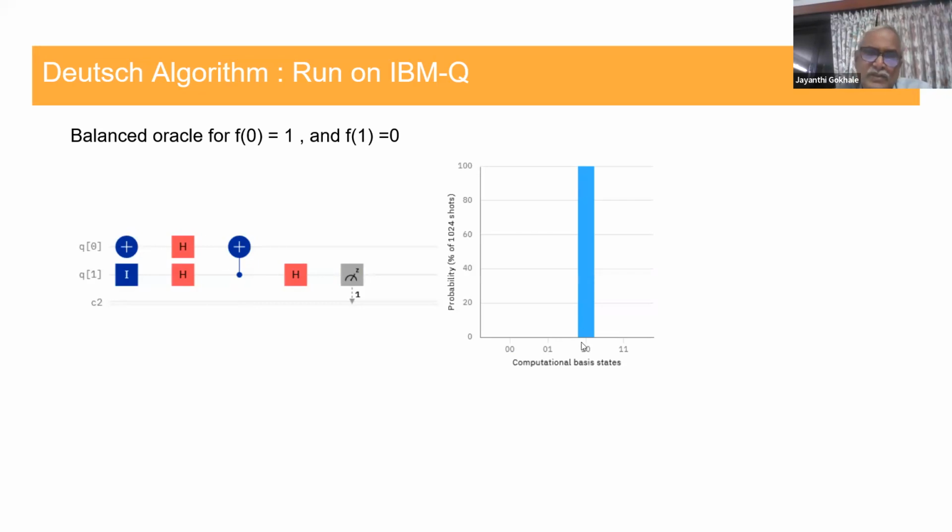The most significant bit is a 1 here, so the state is 1 0. The most significant bit needs to be observed, and that state observed will tell you that it is equal to 1, indicating that this is a balanced system. Remember, we talk about f of 0 equal to 1 and f of 1 equal to 0. So that is my function implementation.